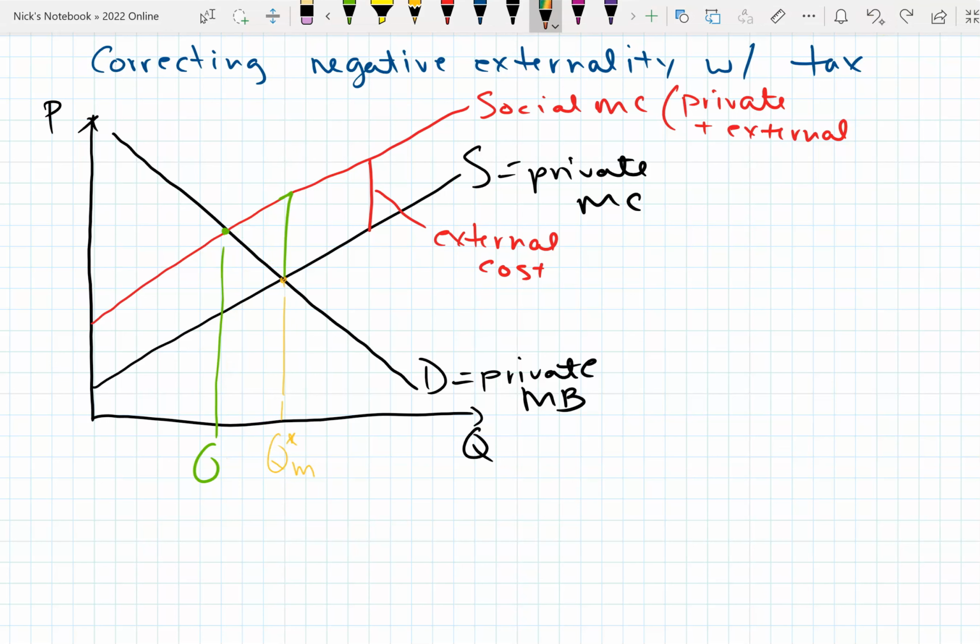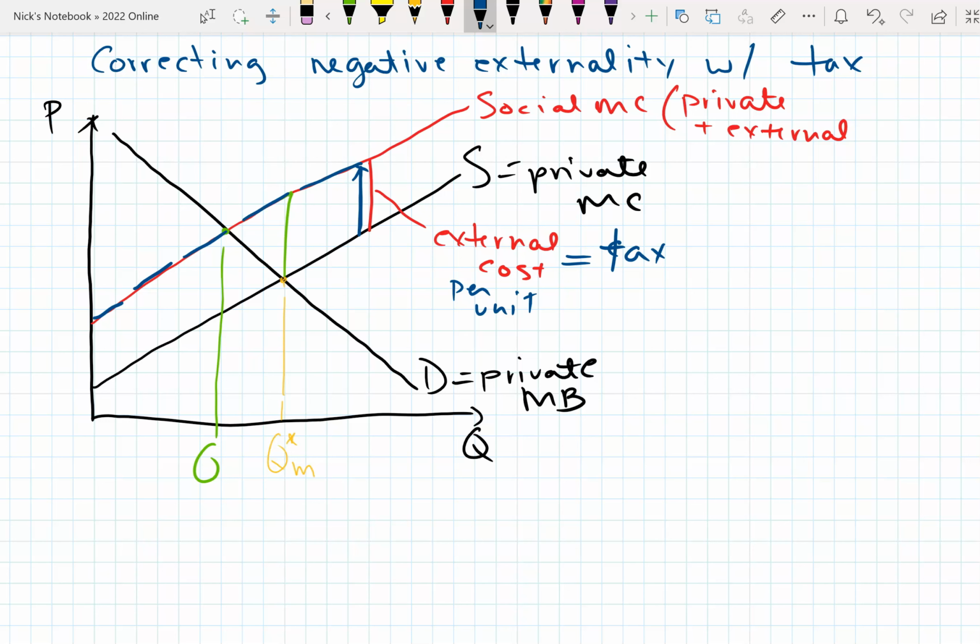All right, back to our original situation. Now, the way we do this with a tax is we put a tax which is the same size as the external cost. We make our tax per unit equal to that external cost. When you put a tax on, you shift up the supply curve for decision-making purposes.